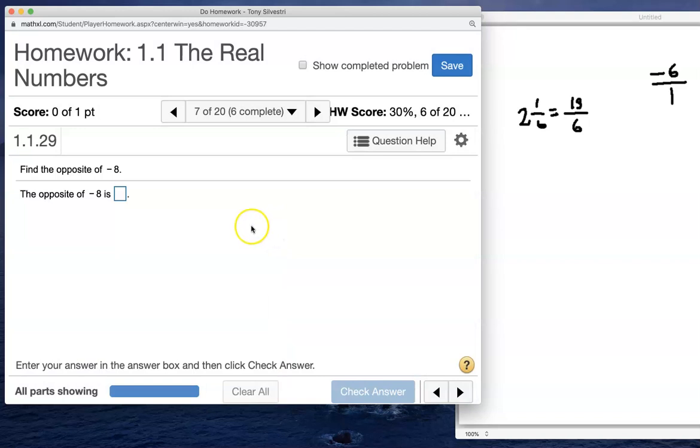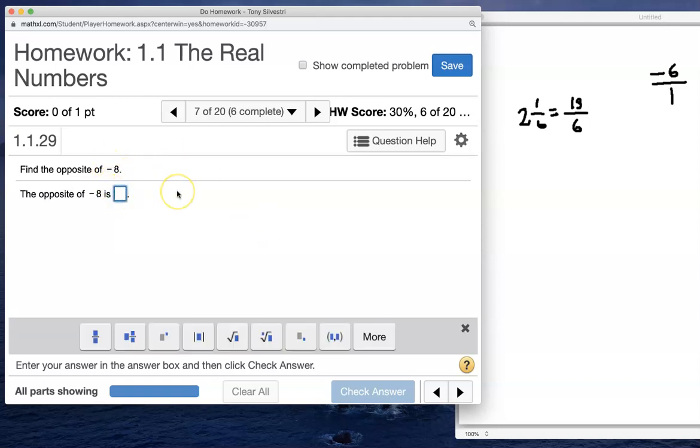Nice, nice, nice. Now, there are some operations you have to understand in math. One of the basic operations is the opposite. It's a very simple operation. The opposite of -8 is +8. Just change the sign. That's all you've got to do. If a number starts off as positive, the opposite is negative.